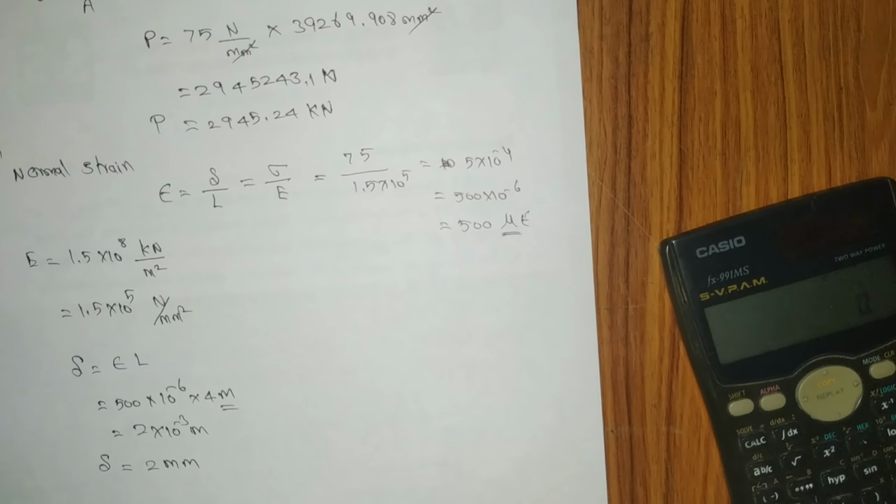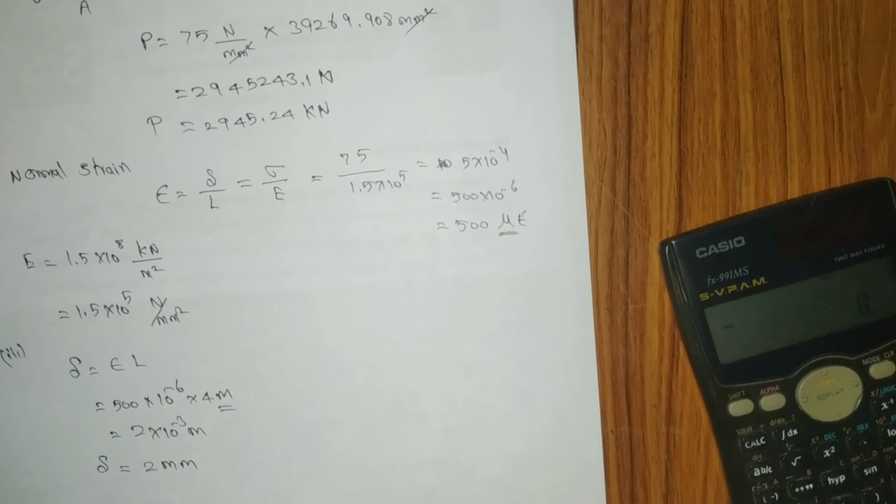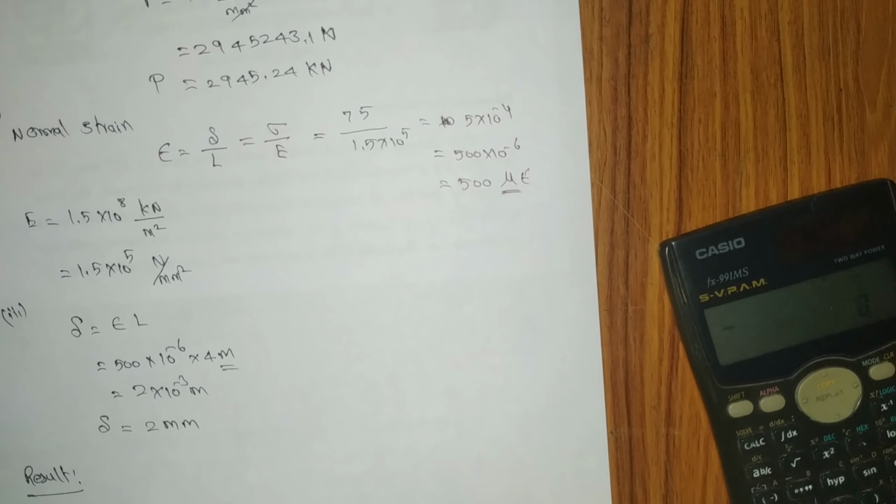So we identified this third one as deflection. What did we identify in the results? One is the load, P equal to 2945.24 kilonewton.